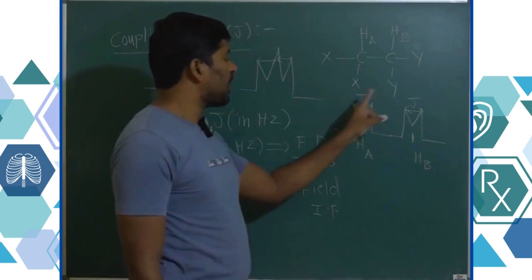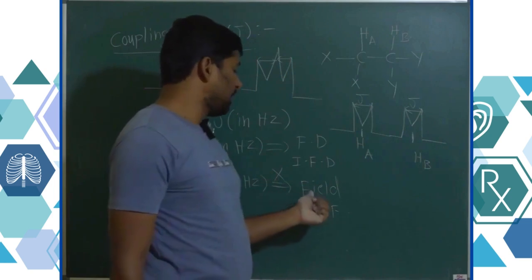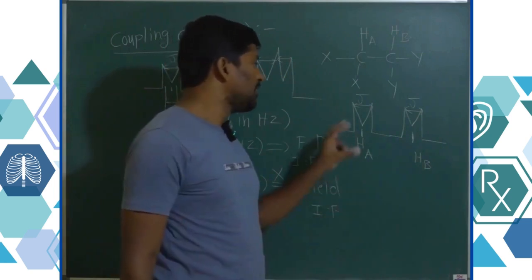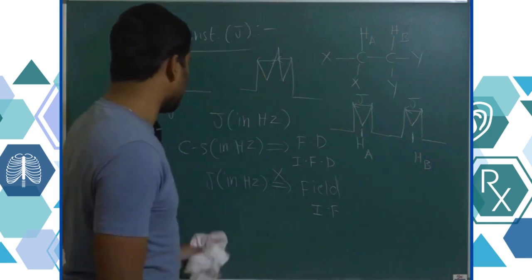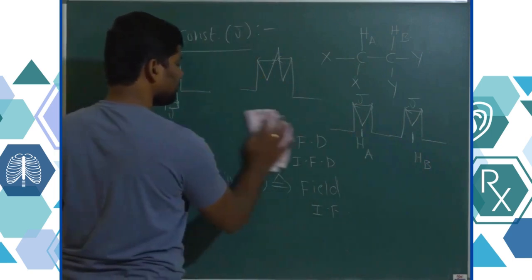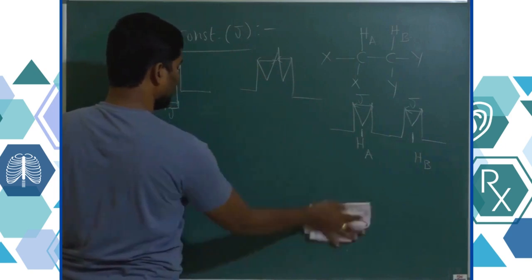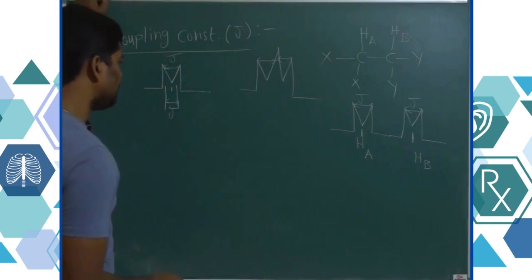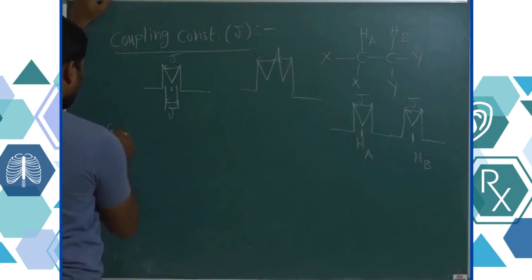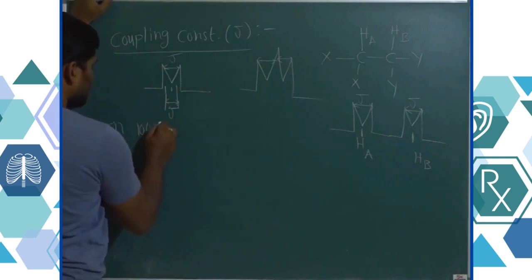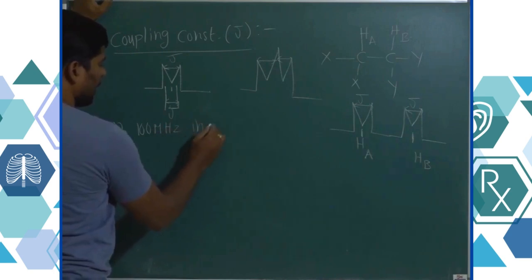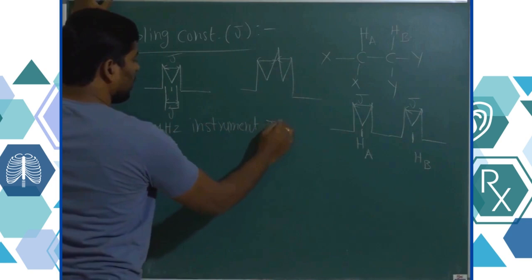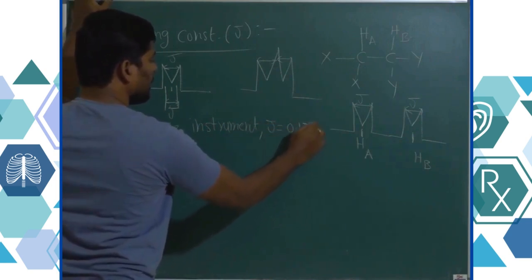Now, does the J value in Hertz depend on instrument frequency or not? It does not depend on instrument frequency. I will explain by an example. For example, on a 100 megahertz instrument, the coupling constant is 0.1 ppm.